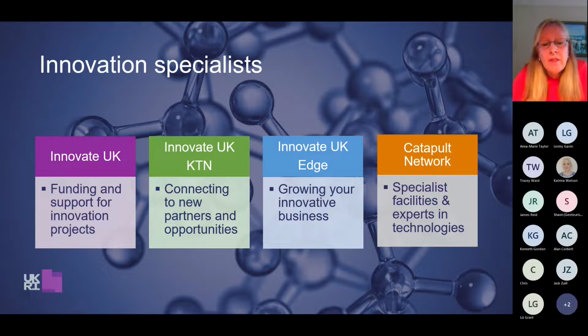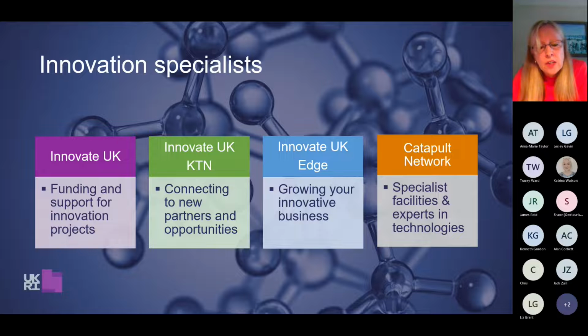So the core part of Innovate UK provides funding and support for innovative projects. Funding awards are based on a competition model with independent assessment in order to help the best ideas get funding. And then there is Innovate UK KTN, and they provide connections to new partners and opportunities. And Innovate UK Edge, and they essentially provide support for growth and also for scale up.